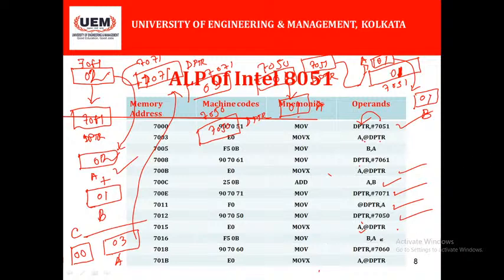Next, MOV B, A. Now we are going to transmit the value of the A register to the B register. Next, MOV DPTR, #7060.